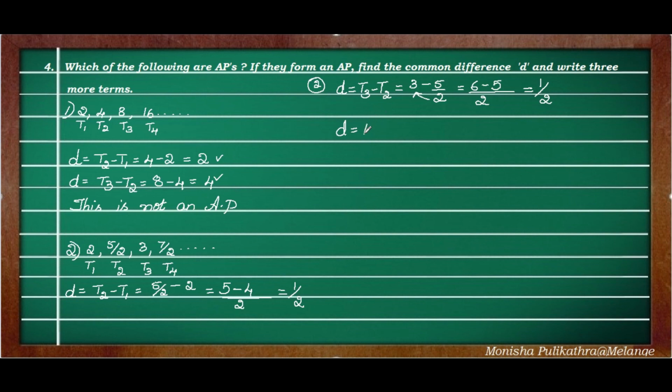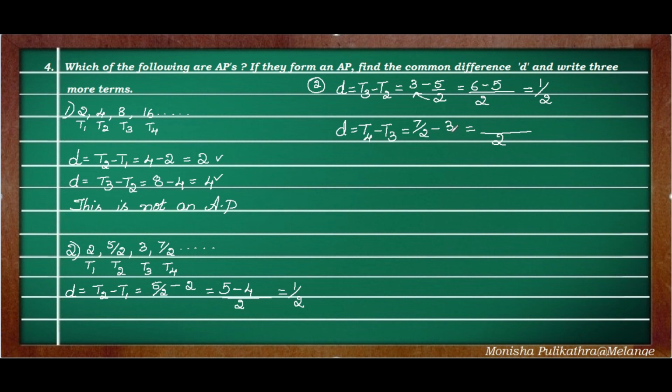So here D is equal to T4 minus T3. Here T4 is 7 by 2 and T3 is 3. Here again the LCM will be 2.